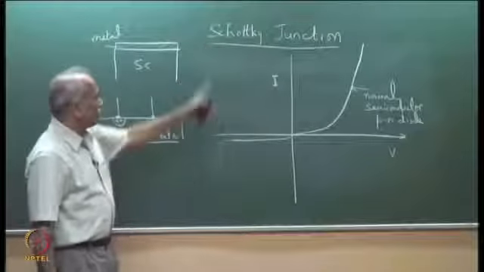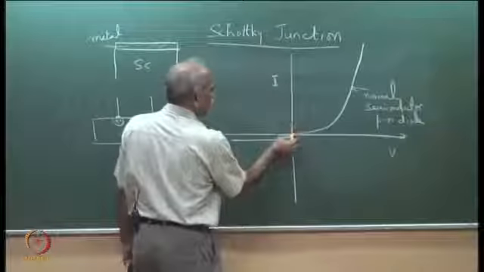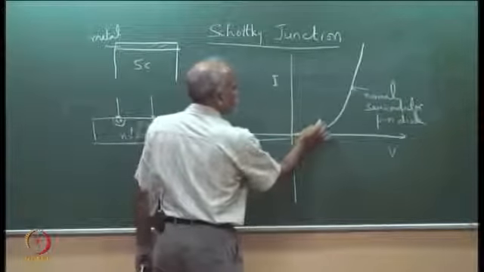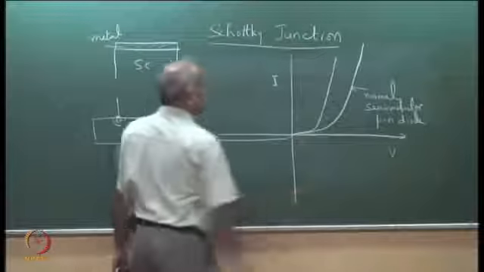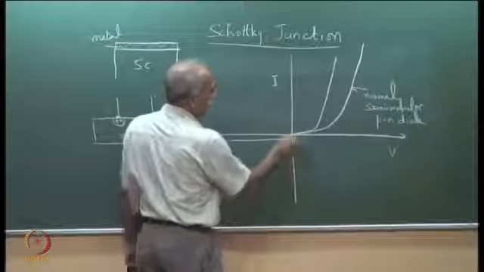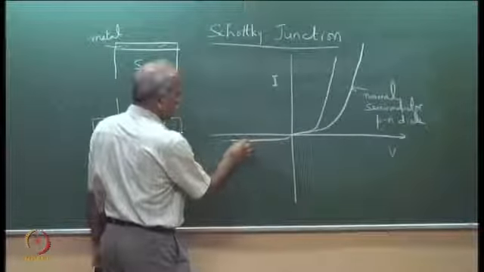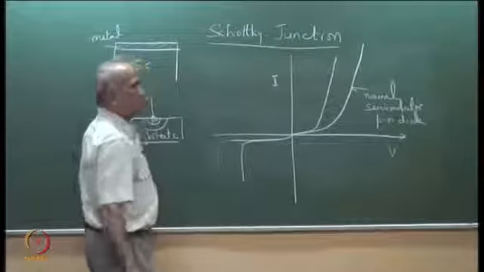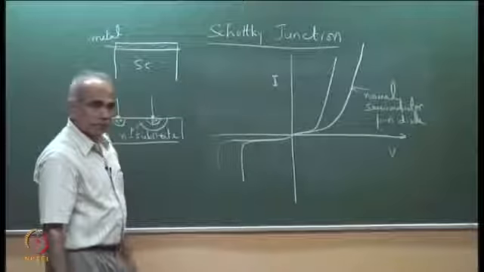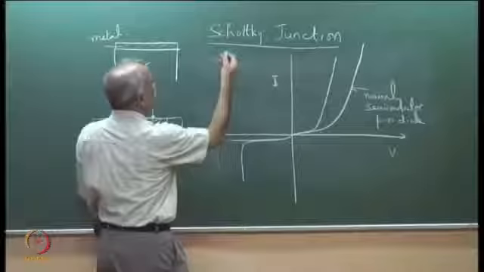We will see that when you make a Schottky junction, the characteristic normally, of course it depends, starts to go up a little earlier, and similarly at breakdown it tends to come down a little earlier. Why it happens, we will see. And what is an ohmic contact?